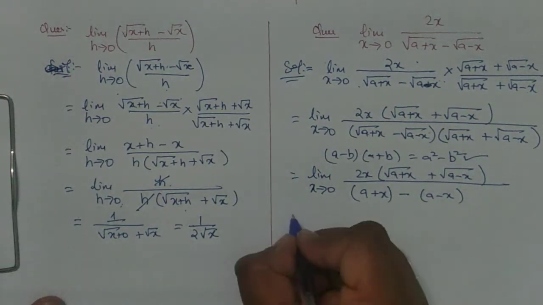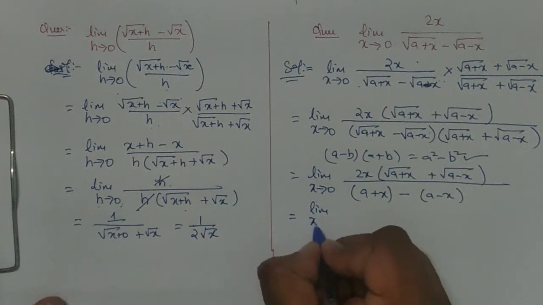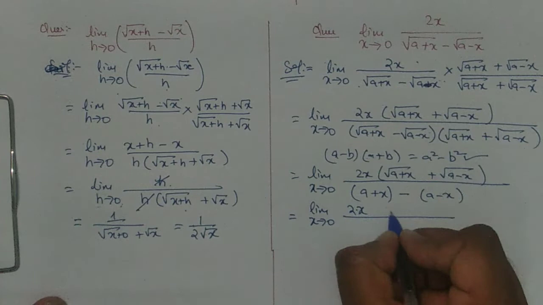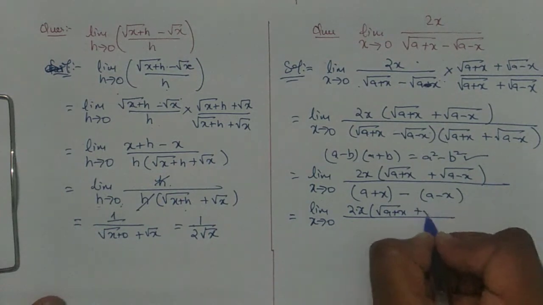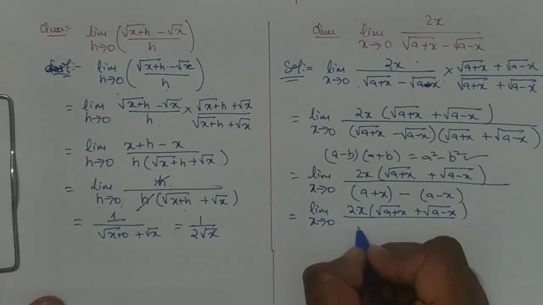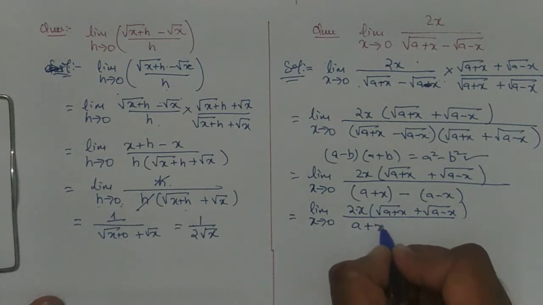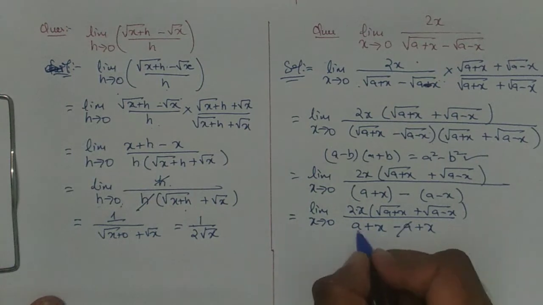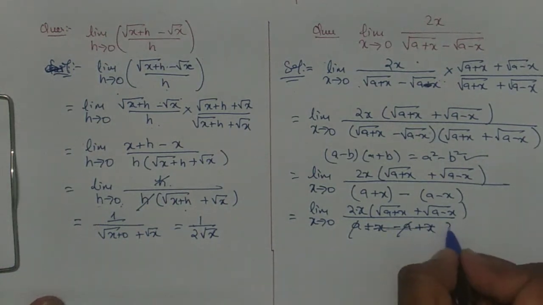So it will be equal to limit x tends to 0, 2x into root a plus x plus root a minus x upon a plus x minus a plus x. So a minus a is 0, right, and x plus x is 2x.